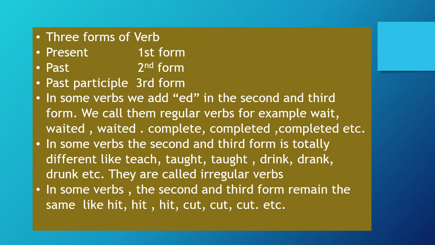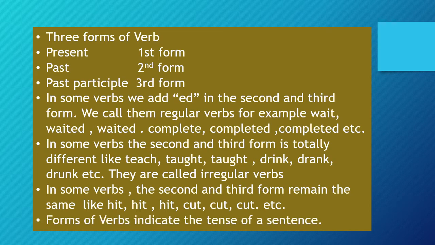In some verbs, the second and third form remain the same, like hit, hit, hit, or cut, cut, cut, and put, put, put, etc. So, in this regard, forms of verbs indicate the tense of a sentence. Right? Hope you get it.